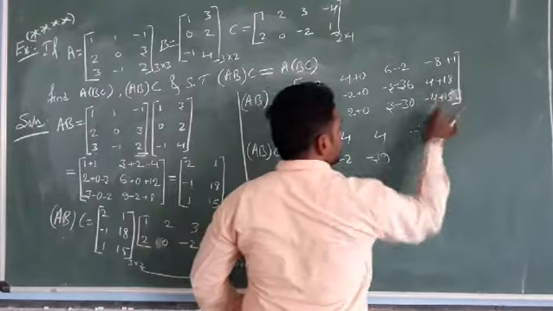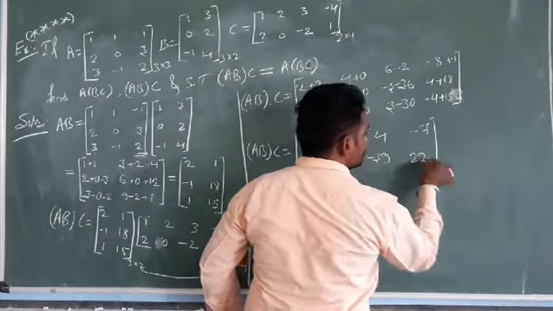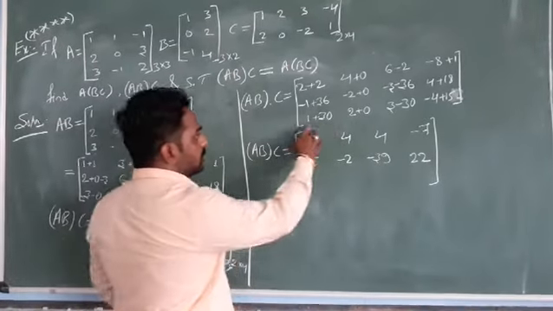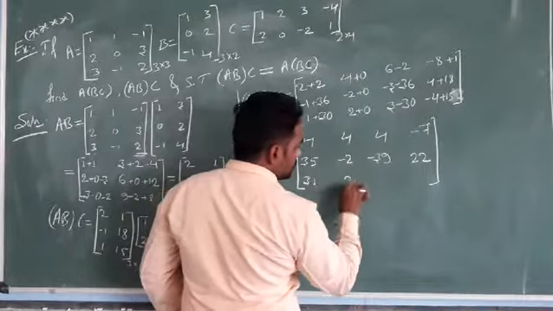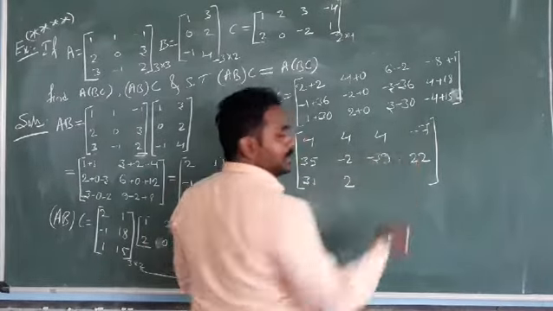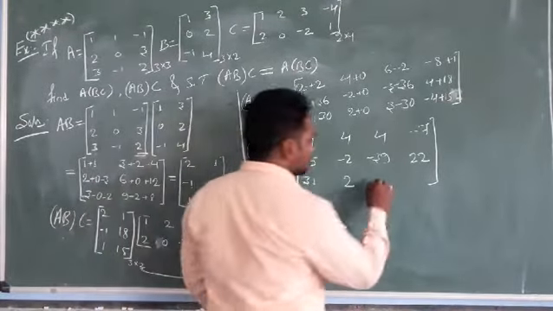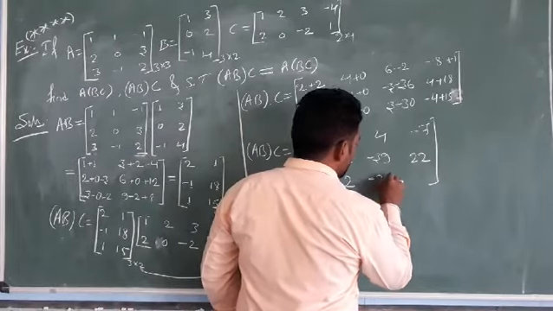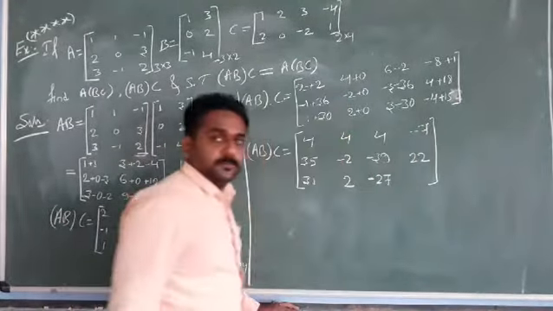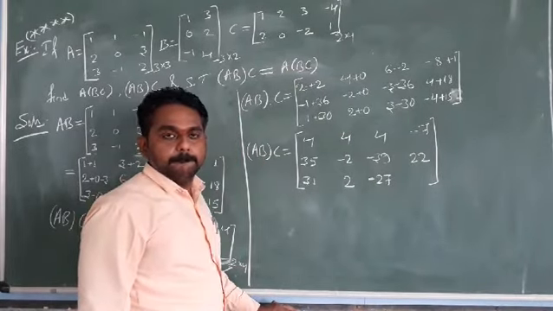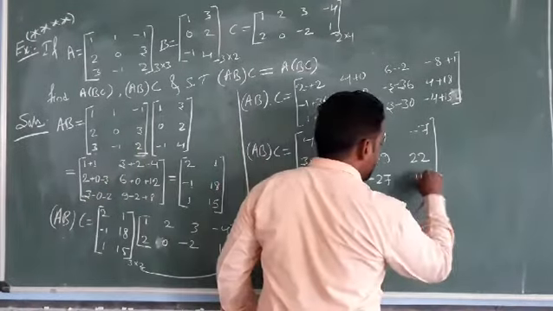Next, 4 plus 18, that is 22. Next, 1 plus 30, that is 31. 2 plus 0, sorry, 2. 3 minus 30, minus 27. Minus 4 plus 15, that is plus 11.